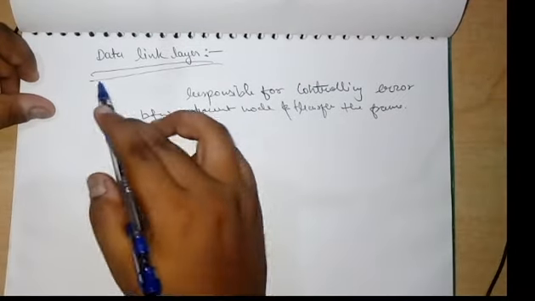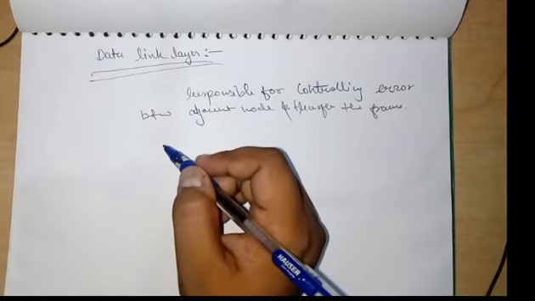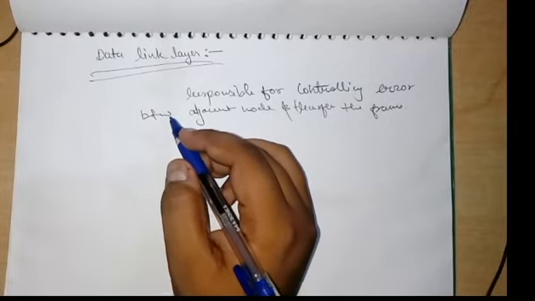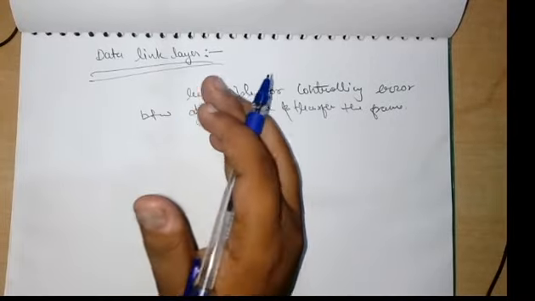So here the work of data link layer is to establish a connection, establishment and termination of connections.